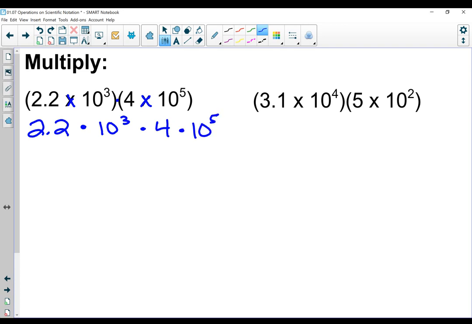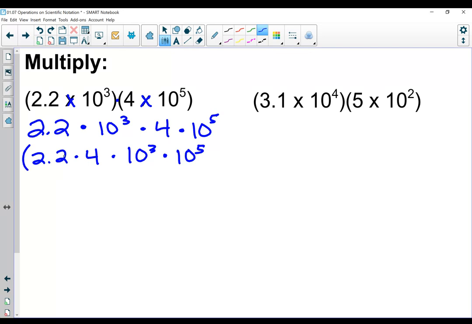So what I've done is I've taken out those X's, and I've taken out the parentheses and just put everything with the times sign that we're used to using. Now I know in math that I'm allowed to multiply things in any order. I have 4 numbers that are being multiplied. Let's choose the most appropriate order. So I'm going to multiply the 2.2 times the 4, and then I'm going to multiply the 10 cubed times the 10 to the 5th.